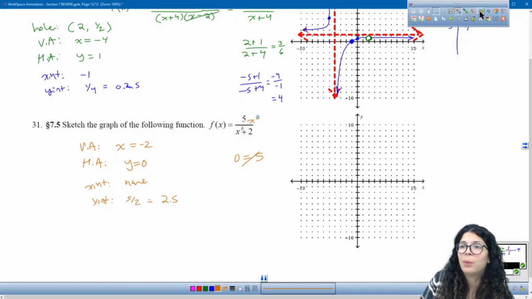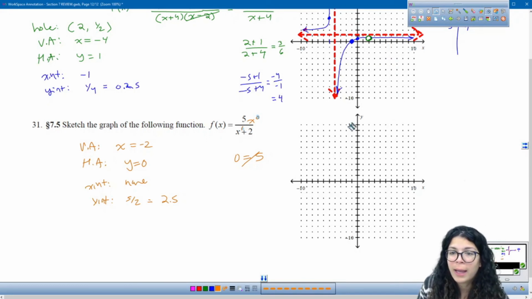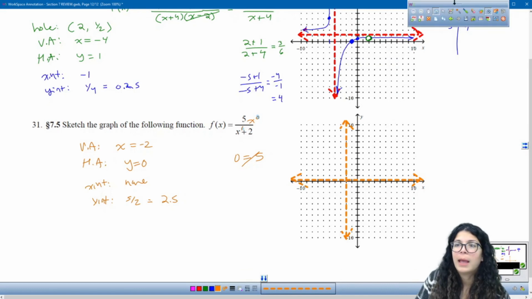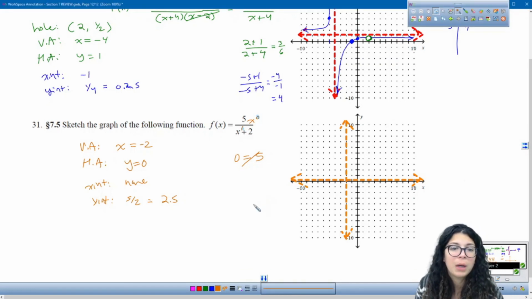So let's go ahead and graph what we have, okay? Our vertical asymptote, x equals -2. Our horizontal asymptote, y equals 0. And we have a y-intercept of 2.5.